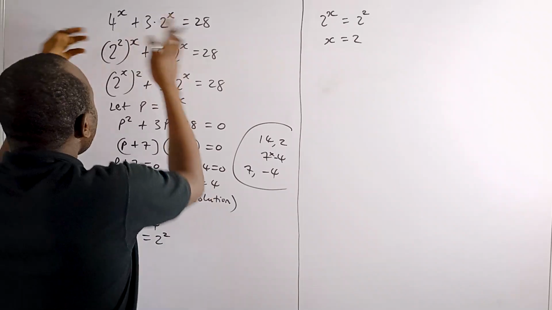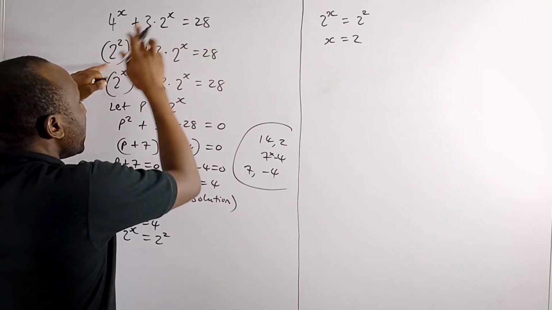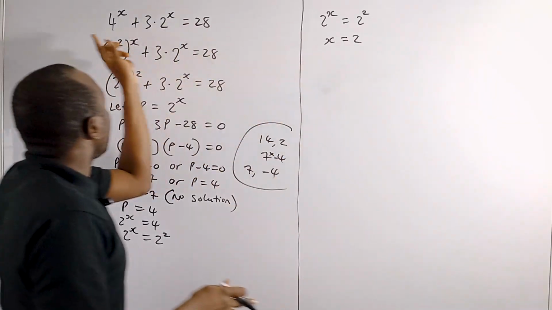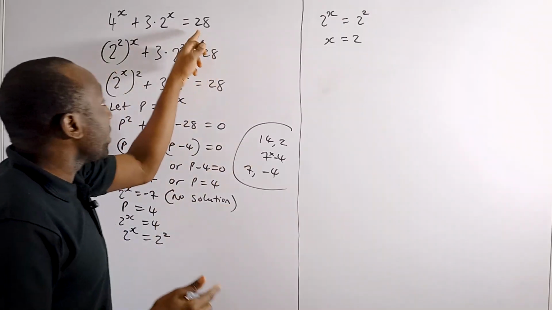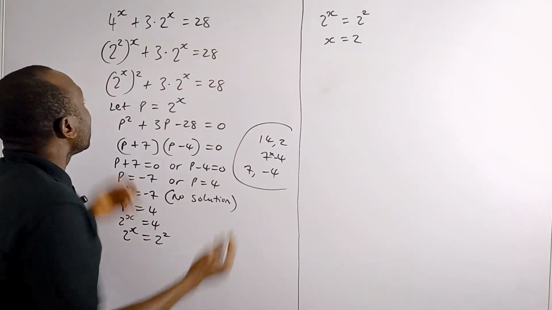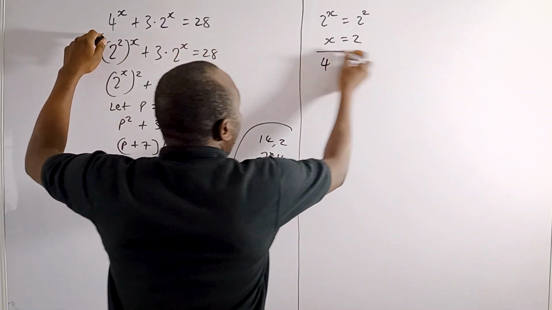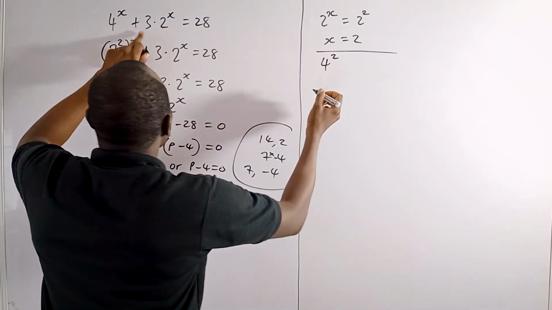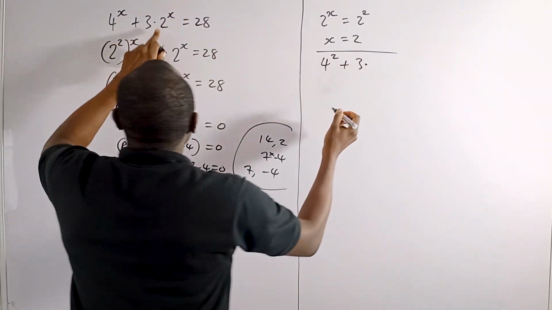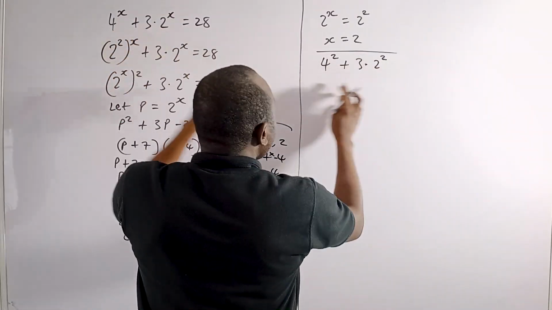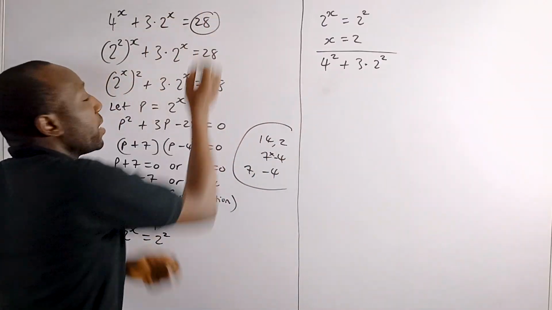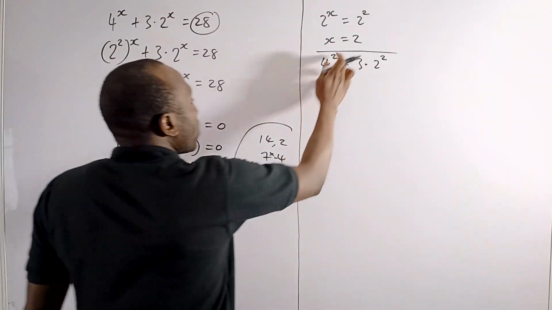But we need to test. Let's just quickly do a test to be sure that if we plug in 2 into this equation, we're going to have 28 on the right-hand side. So what do we have? We have that 4 raised to power 2 plus 3 times 2 raised to power 2. Let's see if this will give us 28. What's 4 raised to power 2?